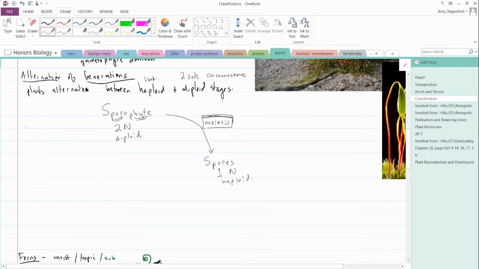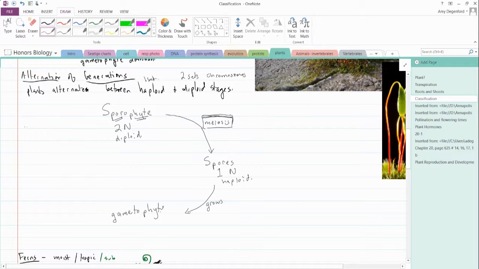In an animal, we have the diploid organism, whether male or female, and that male or female has cells that undergo meiosis as well, and they produce the gametes. Well, we don't see gametes yet. We see spores. Now, these spores are going to grow and become a gametophyte.